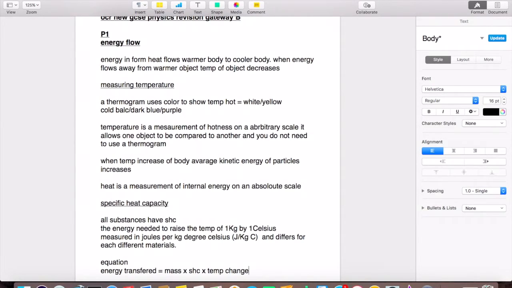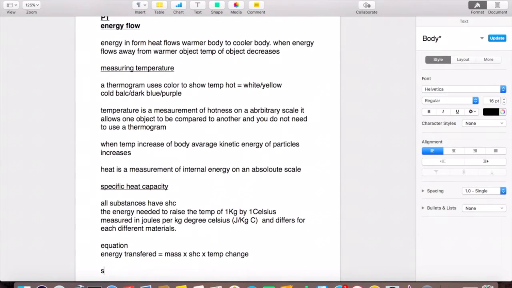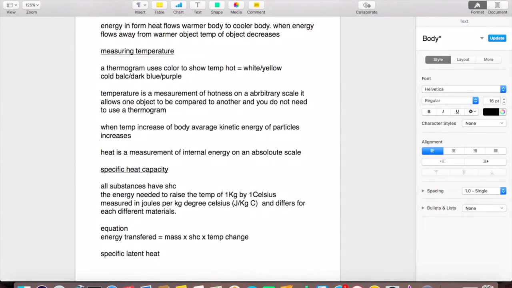Next is specific latent heat. Specific latent heat is the energy needed to boil 1 kilogram of a material.